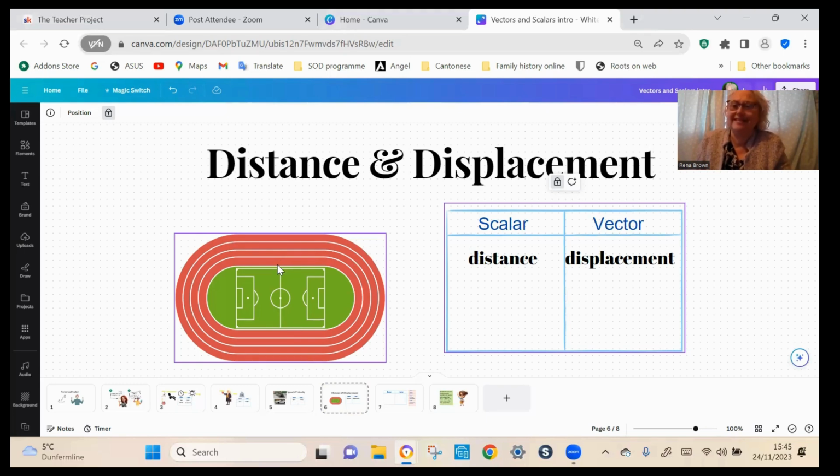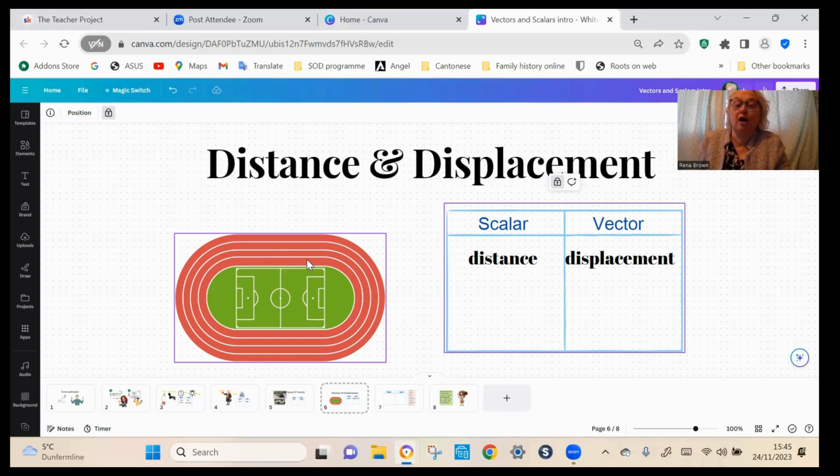Less than 50 meters. Yeah, I think this is not quite the same length as all of that, is it? So your displacement after you've run halfway around the track would be less in magnitude than the distance you've traveled.